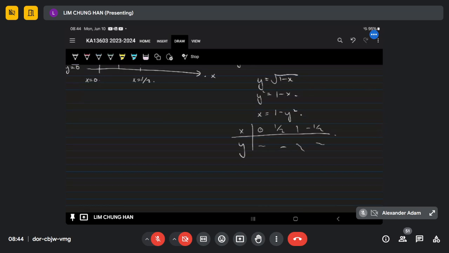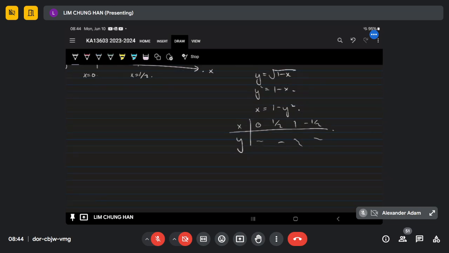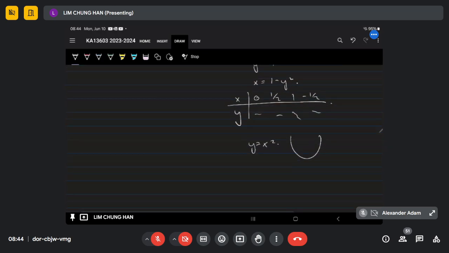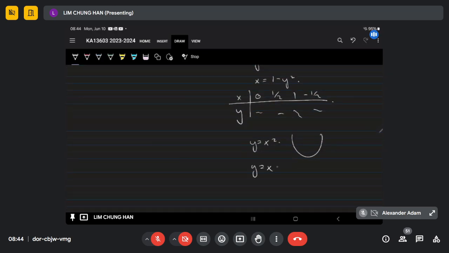So you can try plotting or you can guess the shape. Now, we know y equals to x squared is what shape? This, right? And x equals to y squared is what shape?